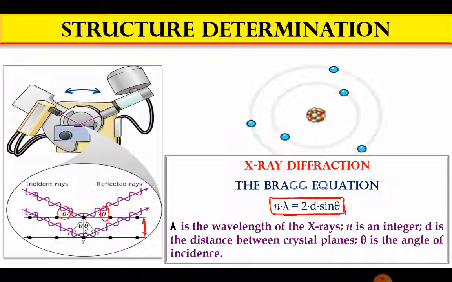Theta is the angle of incidence. Based on these four parameters, wavelength, n, d and theta, you can easily predict n lambda.